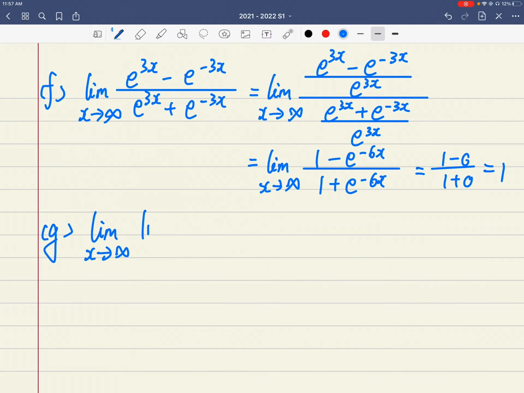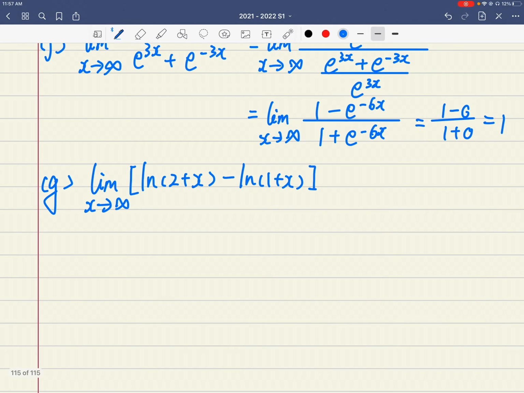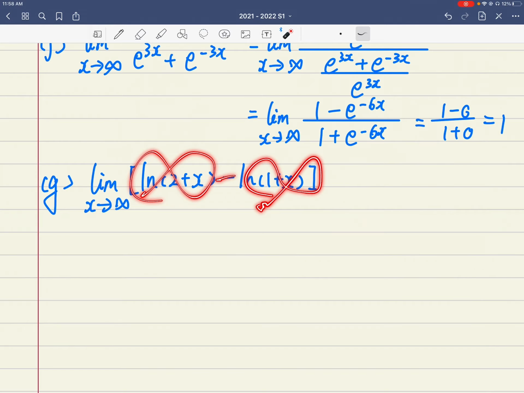Okay, last one. The limit as x approaches infinity of ln(2 plus x) minus ln(1 plus x). First do the substitution. Here it's ln infinity, still approaching infinity, minus ln infinity, still approaching infinity.